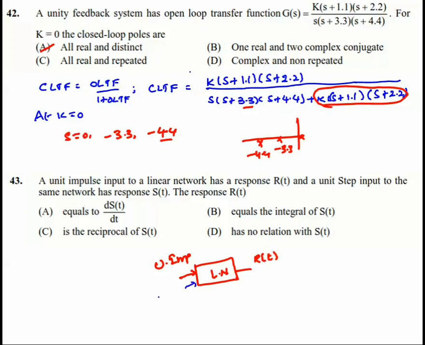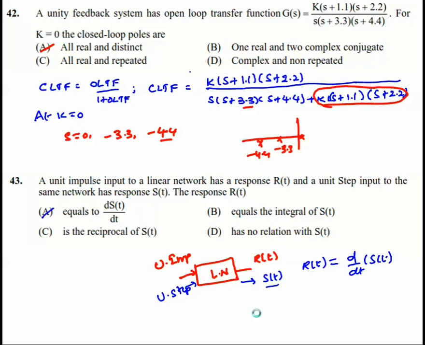This time we have given a unit step, and we get the response as s of t. The relationship between r of t and s of t we need to find here. The relationship is that r of t, the impulse response, is the differentiation of the step response, d by dt of s of t. So directly we can write this answer.